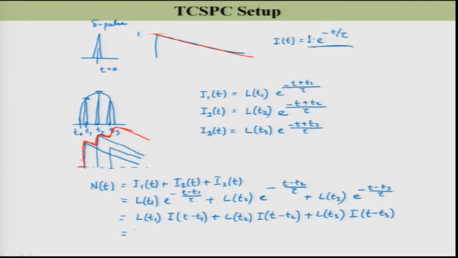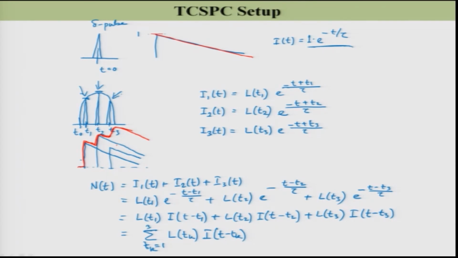This I can write as a sum over k equal to 1 to 3, L(Tk) I(t minus Tk). So, this is the summation for these 3 pulses. Here is my number 1, number 2 and number 3.